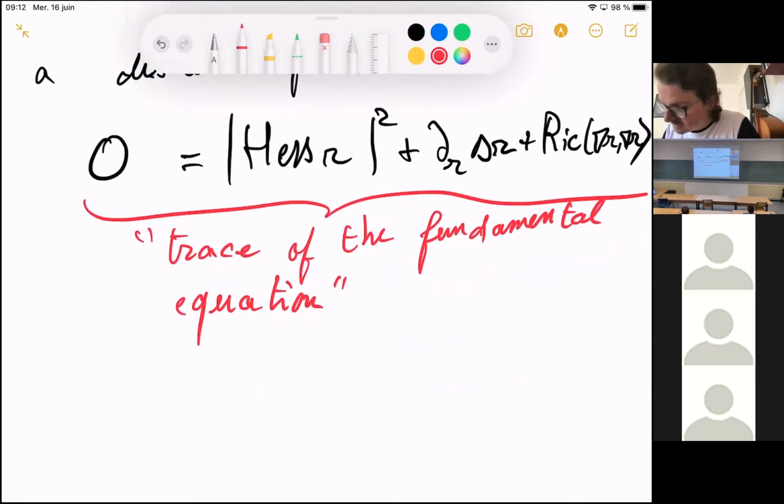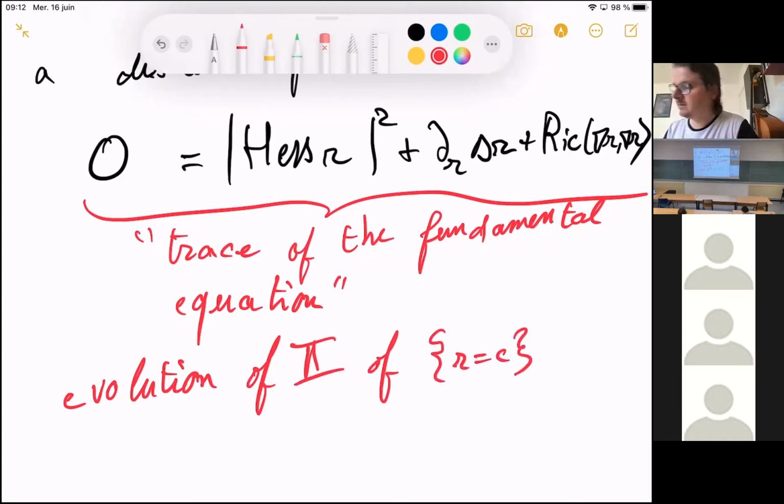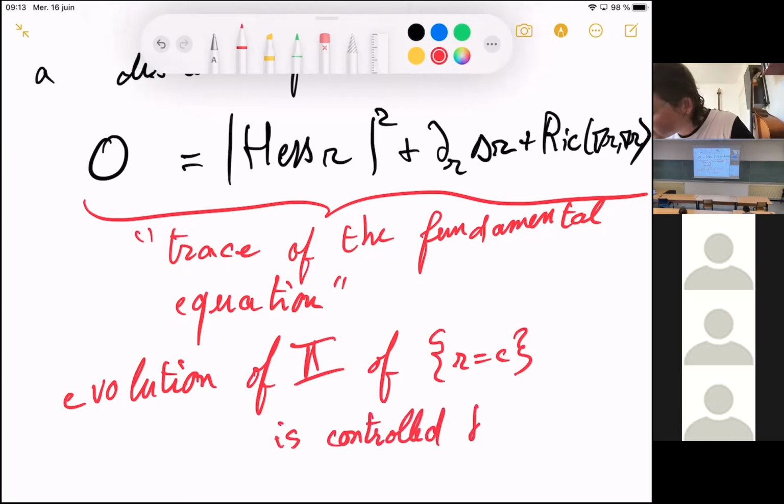And here, the fundamental equation said that the evolution of the second fundamental form of r equal constant is controlled by K, the sectional curvature.